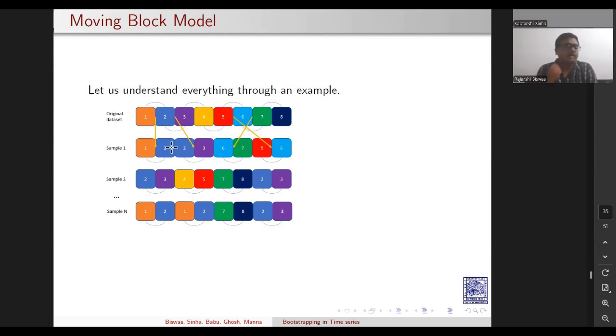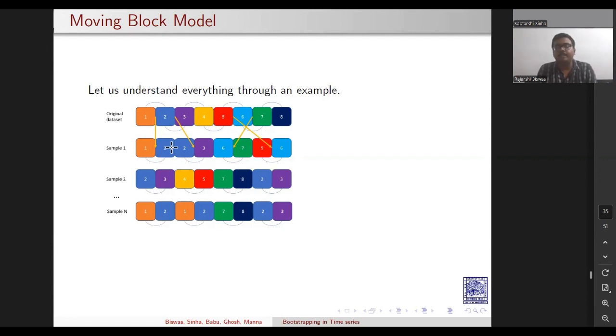So for data point number 2, we are also selecting data point number 1 along with it, since 1 depends on 2. Similarly, we select a sample of size n by q plus 1. In this case, n is 8, that is the sample size is 8, and q is the order of the moving average model, which is 1, so q plus 1 is 2.